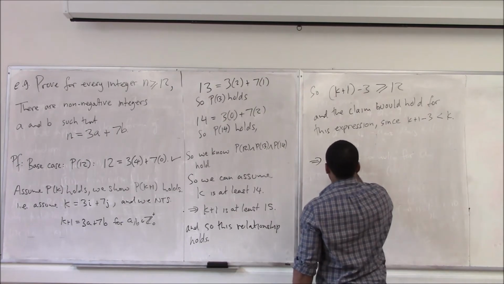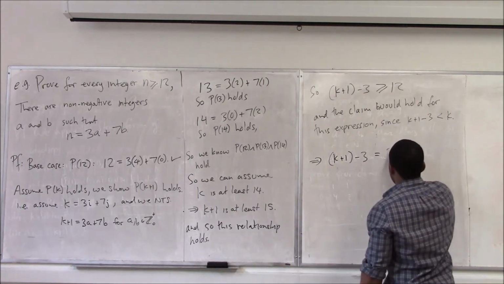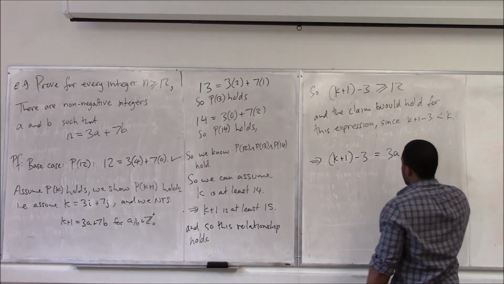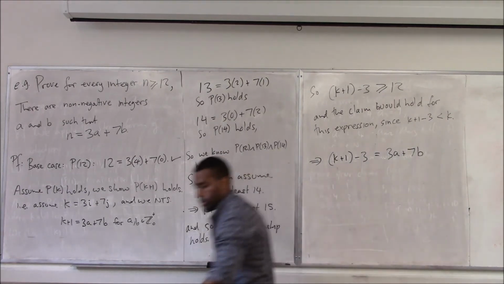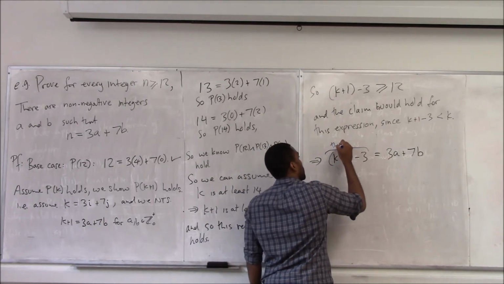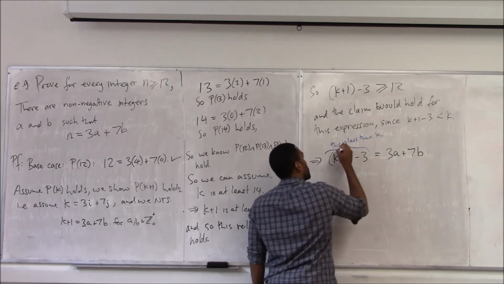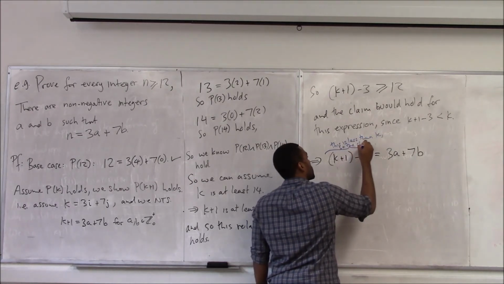Then, turns out that k plus 1 minus 3, I would be able to write as 3a plus 7b. This is less than k, so the claim holds.